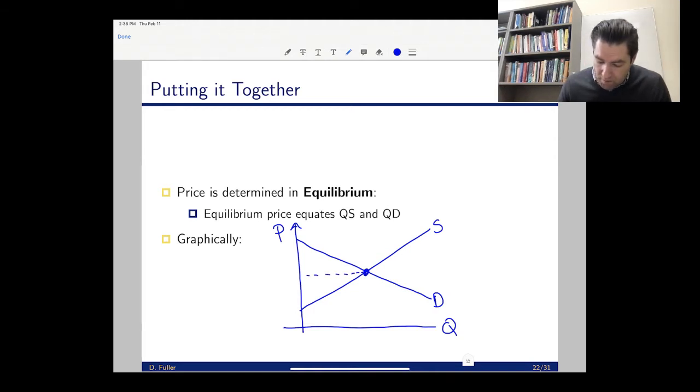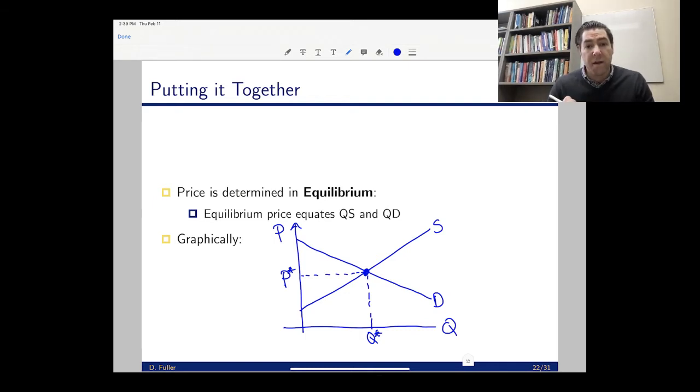Right? So the price, I'm going to call it P star, is in equilibrium when quantity demanded and supplied are equal to each other. Once I'm at that point, there's no momentum for anything to change. Let's go way back to our chapter 1 material. We talked about equilibrium as being a principle of economics.